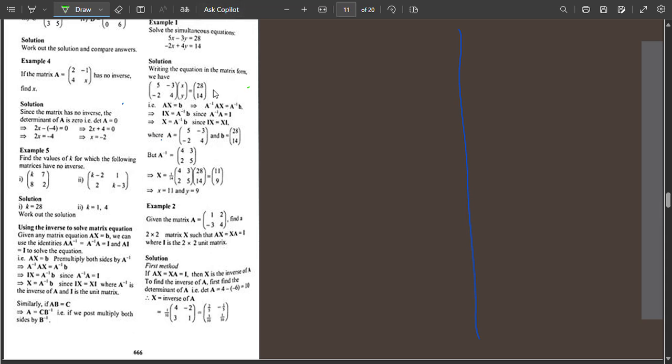So alright, we can continue from here. We have A, X, and then B. Right? We found the inverse. The inverse was given by 4. That wasn't our inverse. Right, let's start afresh.